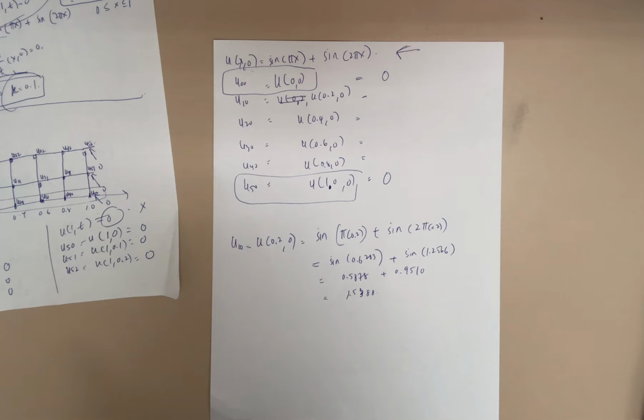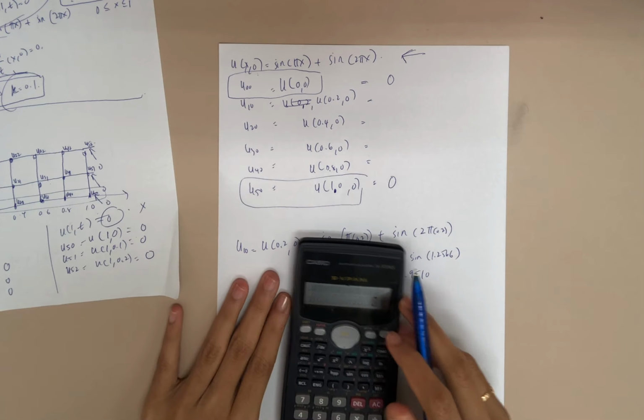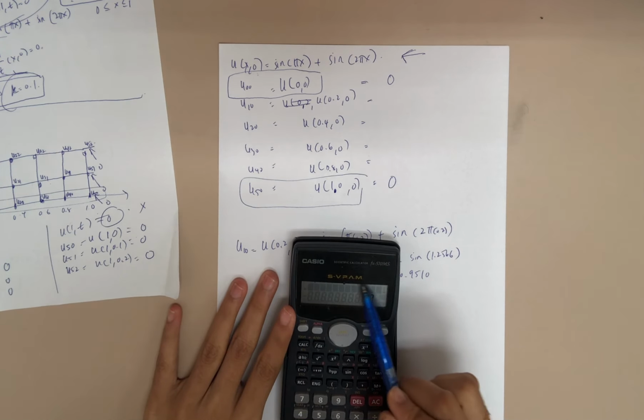Okay, class? Make sure you know how to use your calculator when you calculate trigonometry. Trigonometry means sine, cos, tangent. When it involves sine, cos, tangent, you need to change the mode to radian mode.